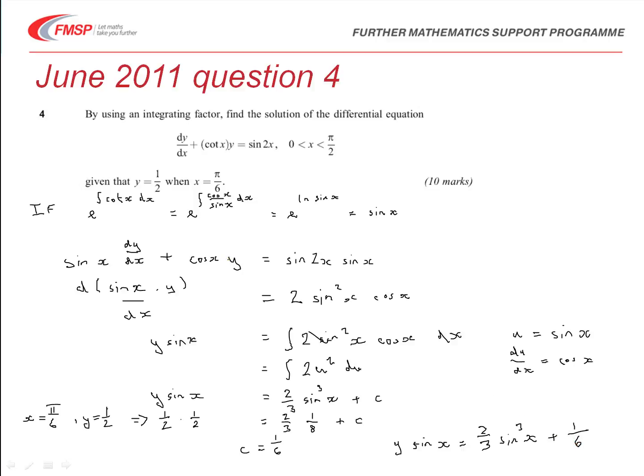Well, 10 marks for this particular question. So again, working through finding the integrating factor, you're going to get a mark for attempting the integration, a mark for actually getting the correct value of the ln sine x, and then a mark for getting the correct integrating factor when you simplify the e to the ln sine x.